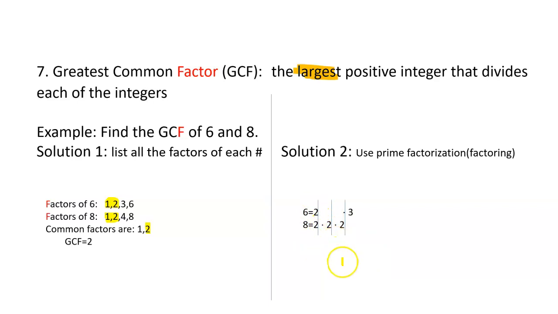That's why we have to bring down one from each column. But a factor is contained in 6 and contained in 8. So out of these columns, we're going to try to find a column with two numbers. For example, the first column, because these 2s tell us 2 can go into 6, and 2 can also go into 8.